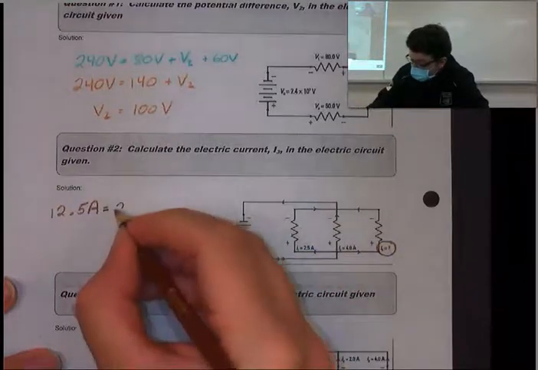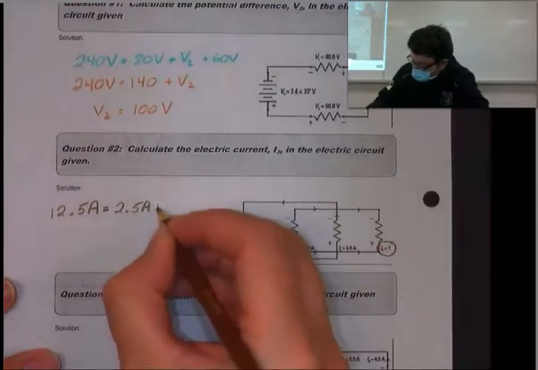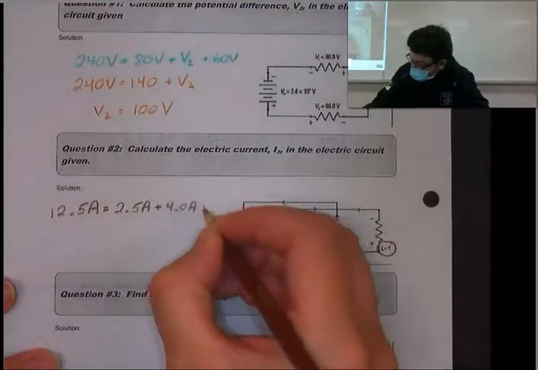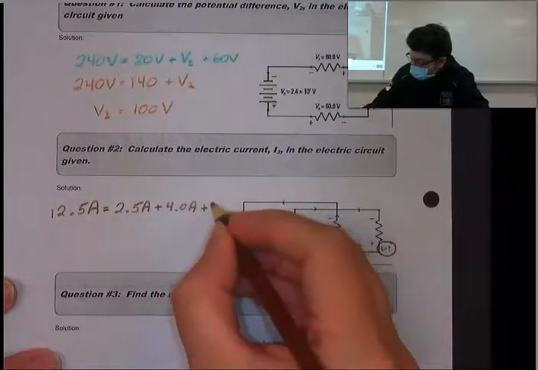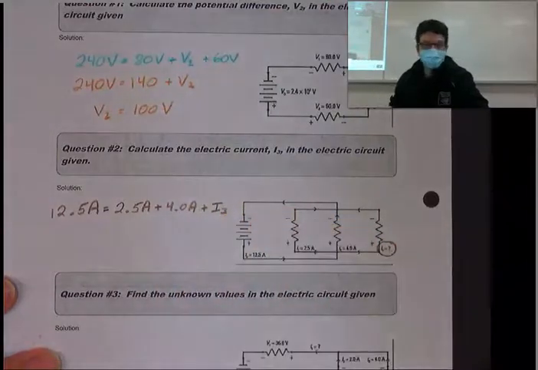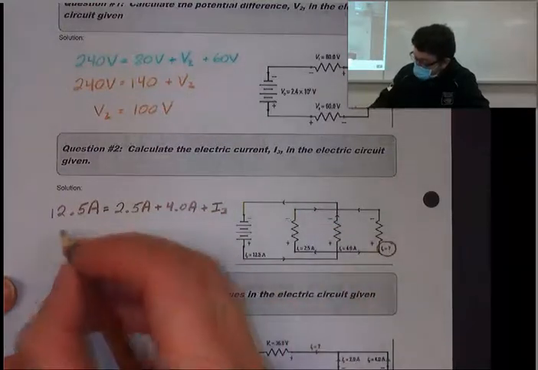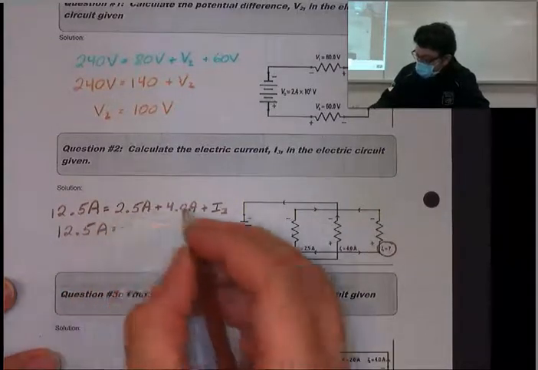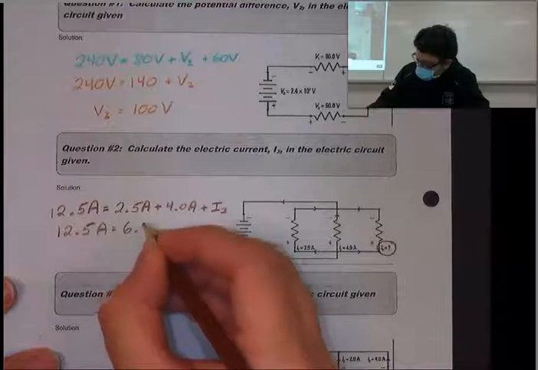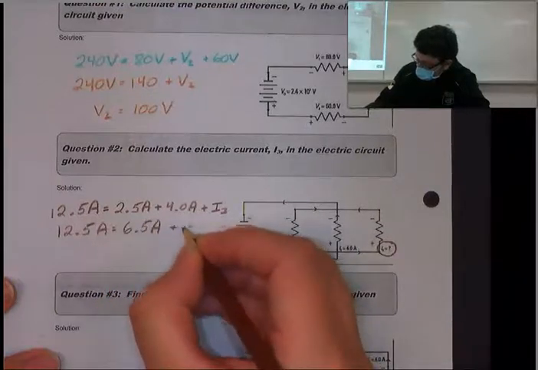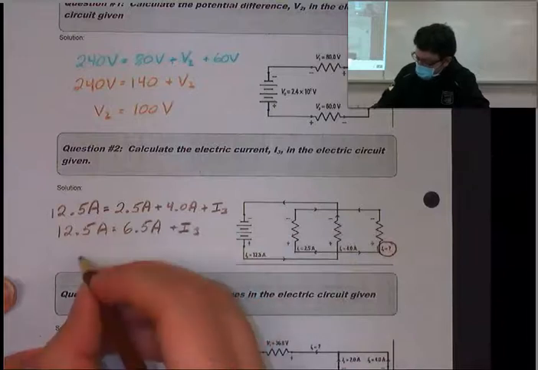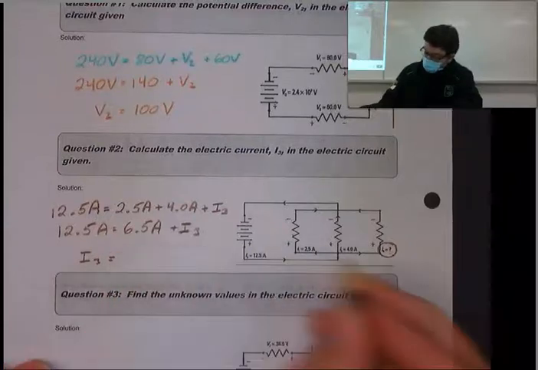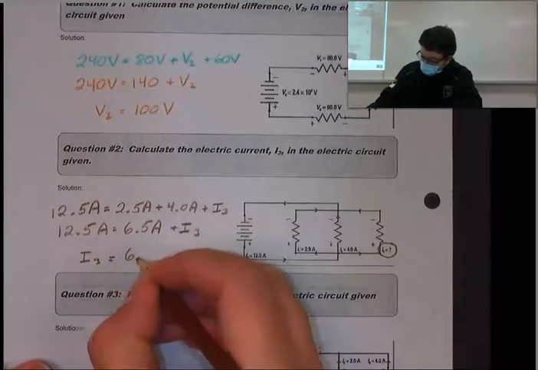So 2.5 amps plus 4 amps plus our unknown I3. So now we're just trying to solve for I3. So we can simplify a bit. 2.5 plus 4 will be 6.5. Then if you subtract 6.5 from both sides, you get I3 to be 6 amps.